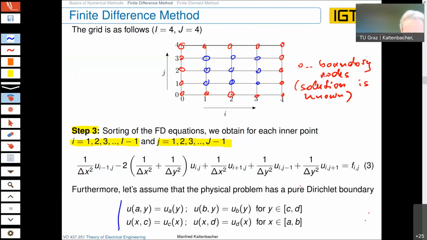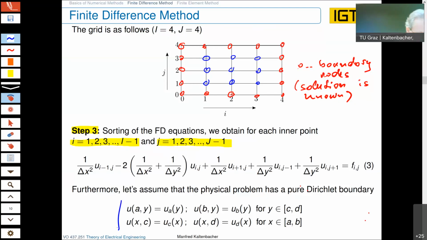As you see, at any constant x coordinate A, any constant x coordinate B, any constant y coordinate C, and y coordinate D, we have prescribed values. We call them UA, UB, UC, UD.